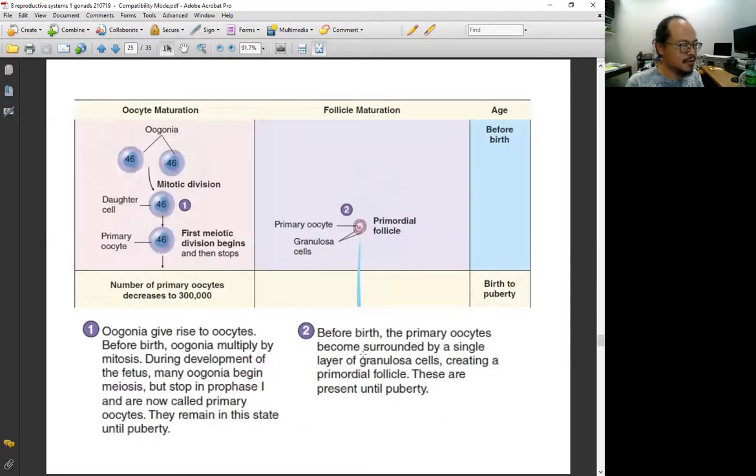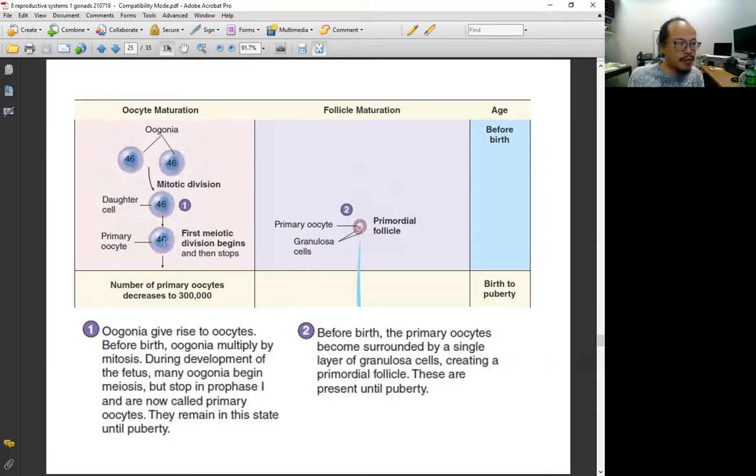This one just shows you the same concept, but using a different figure. So here is the age. This is before birth. We can see that the oogonia already complete their mitosis, and they differentiate into the primary oocytes.